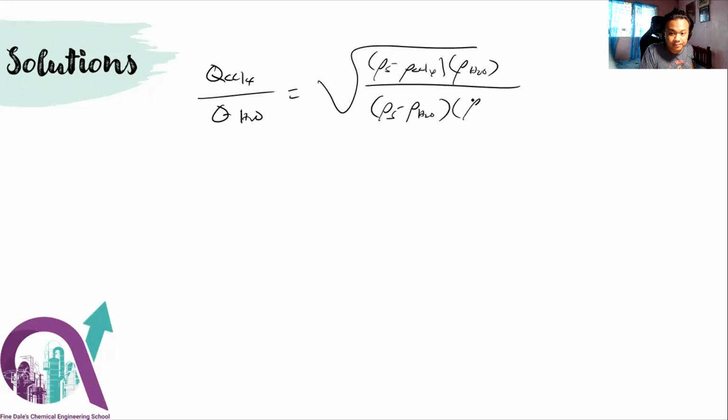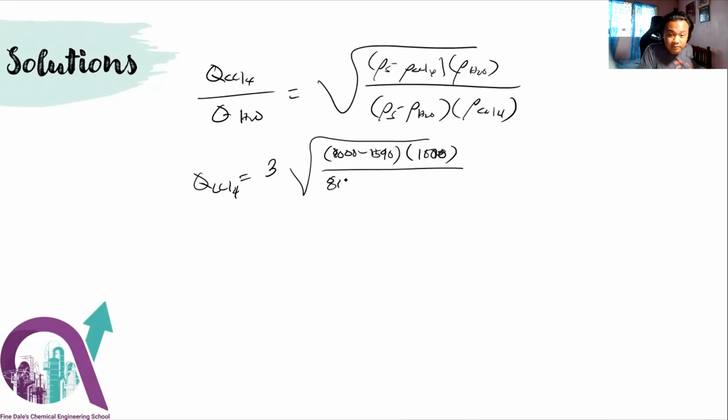Then the density of CCl4, the carbon tetrachloride, is 1590, and we know the volumetric flow rate of water will be 3 cubic meters per minute. Then just substitute: 8,000 is the density of the steel, and then 1,000, just assume it is 1,000.